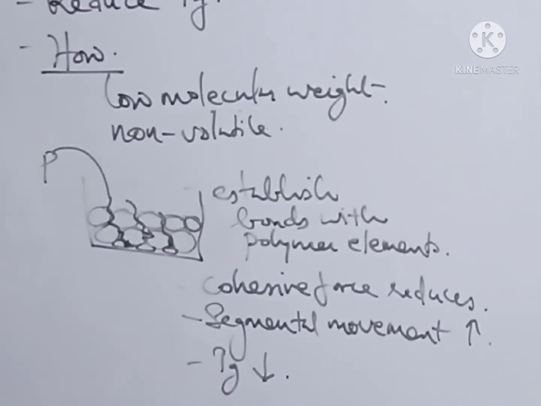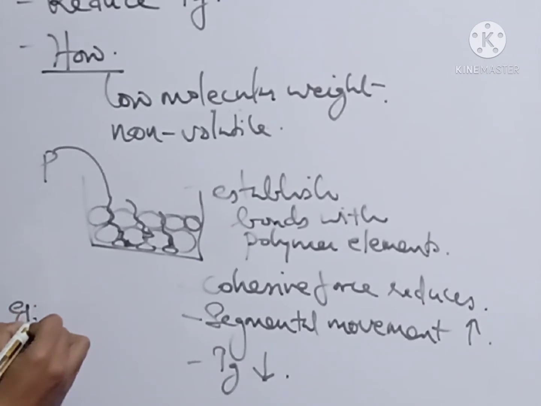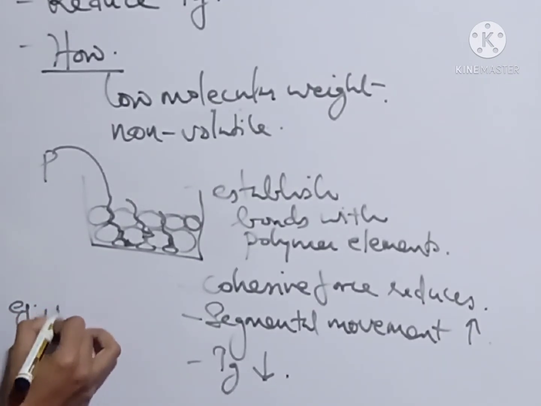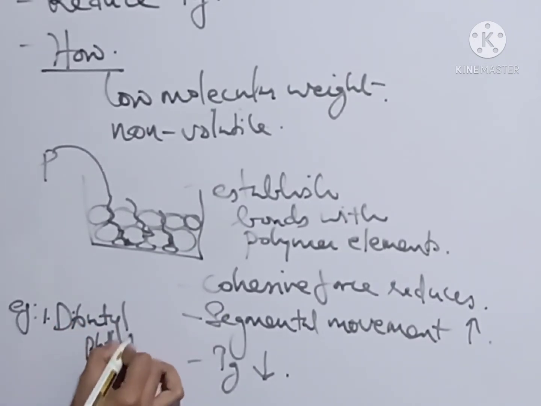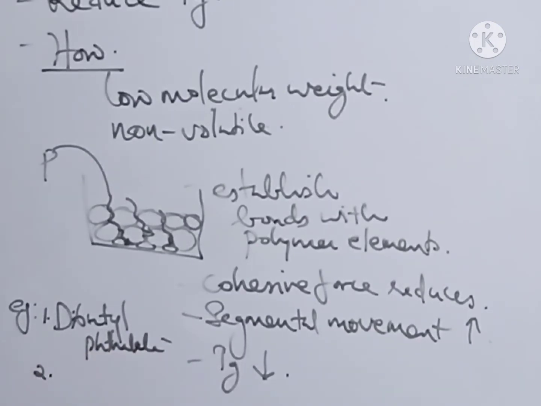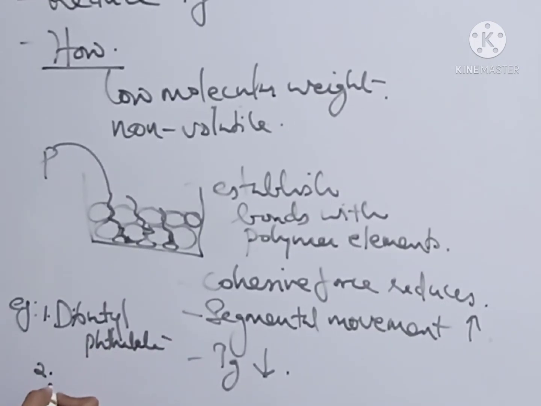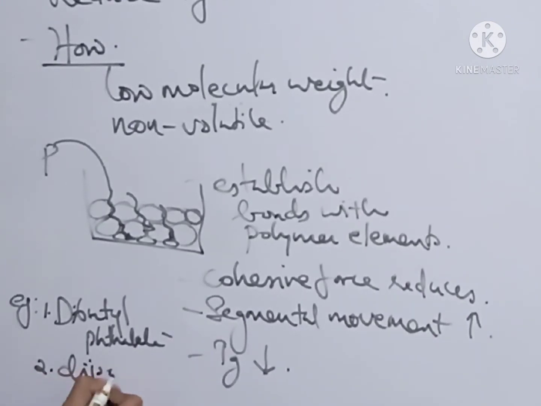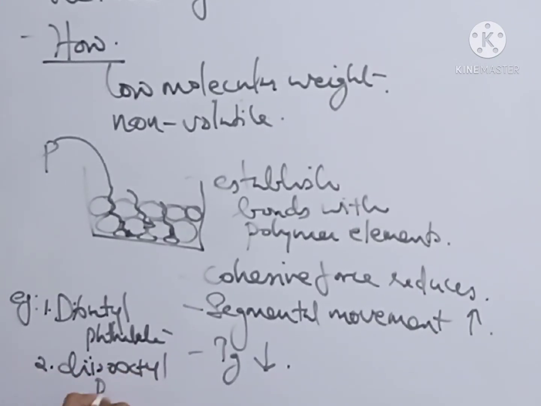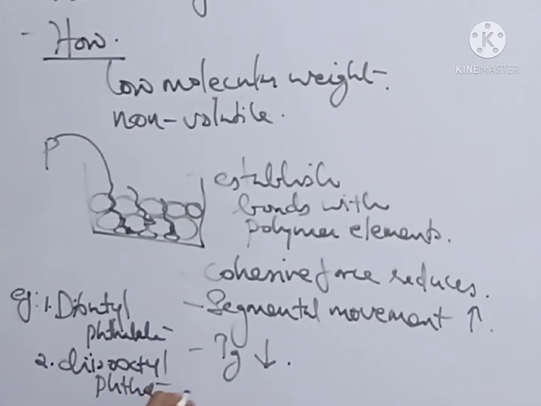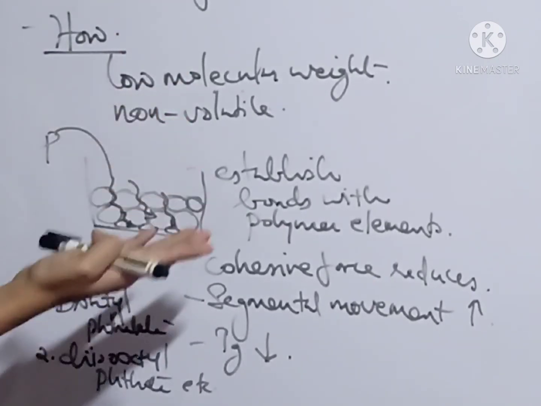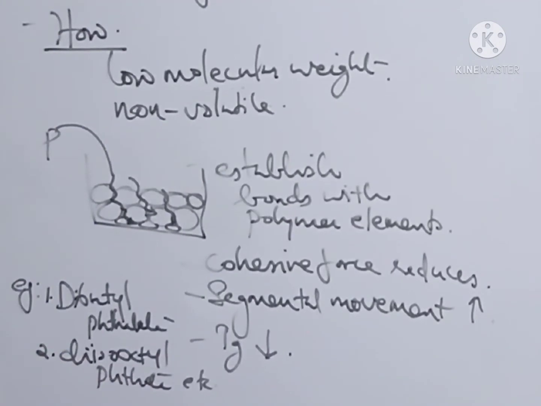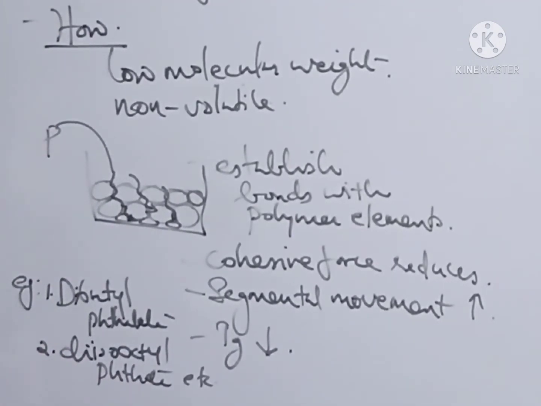So this is what happens when we add plasticizers into polymers. Many plasticizers are there. Some examples are dibutyl phthalate and diisooctyl phthalate, etc. The extent of reduction of glass transition temperature is different for different plasticizers, and it is known as plasticizer's efficiency.